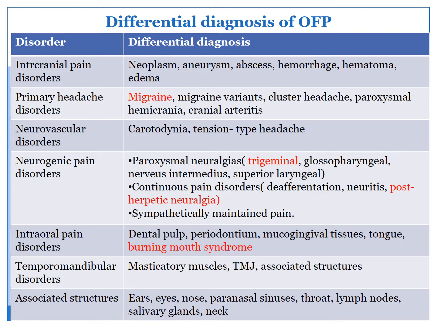So, when we're looking at orofacial pain itself, there are various causes or disorders that could be the differential diagnosis for the orofacial pain. So, number one could be intracranial pain disorders, with the differential being either a neoplasm, aneurysm, abscess, hemorrhage, or hematoma, or edema.